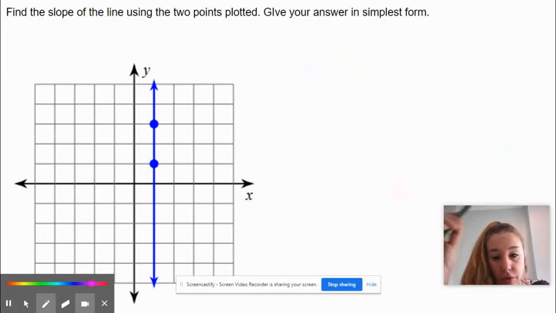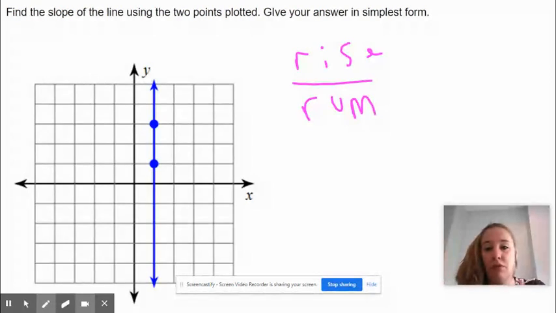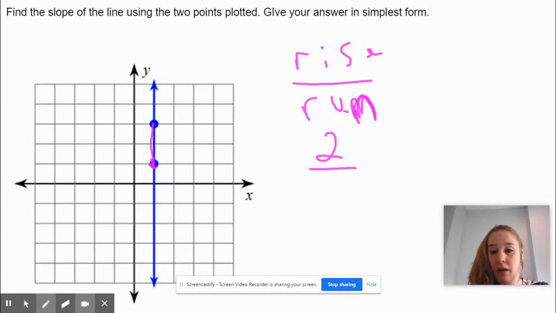Okay, so this one, I've got rise over run. I'm making my prediction. Undefined. And this is why. If I rise 1, 2 units, but what's my run? My run is 0.